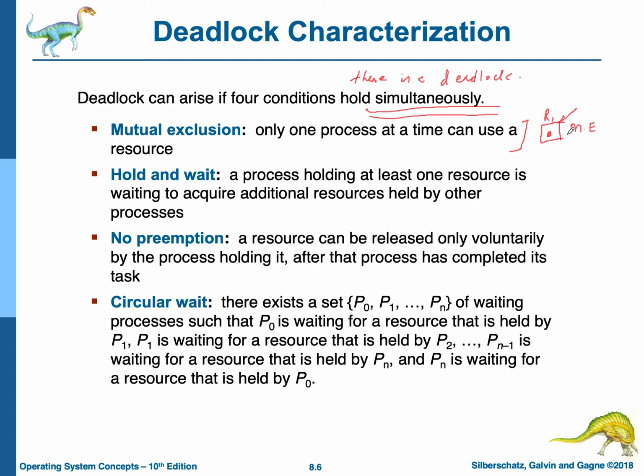In a deadlock, this condition is necessary. That is number 1. Consider this a checklist: if this condition holds, then there is a possibility of deadlock.